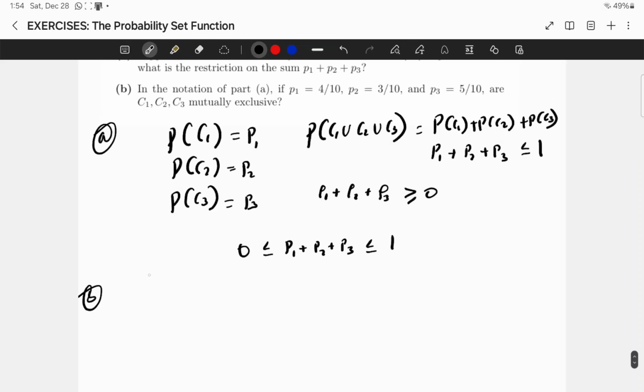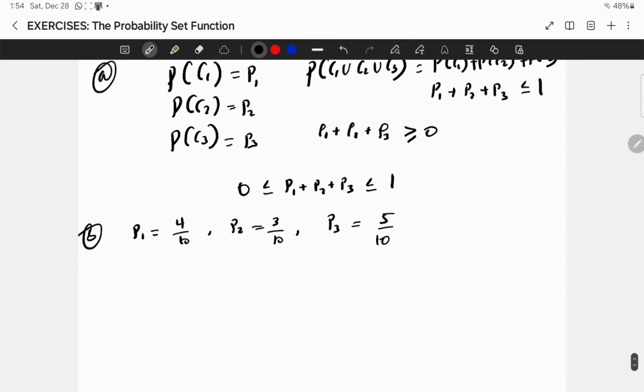For B, if P1 equals 4 over 10, and P2 equals 3 over 10, and P3 equals 5 over 10, we have to verify if these events are actually mutually exclusive. So P1 plus P2 plus P3 equals 4 plus 3 plus 5 over 10, and that is 12 over 10, which is 1.2, and that is not less than or equal to 1.